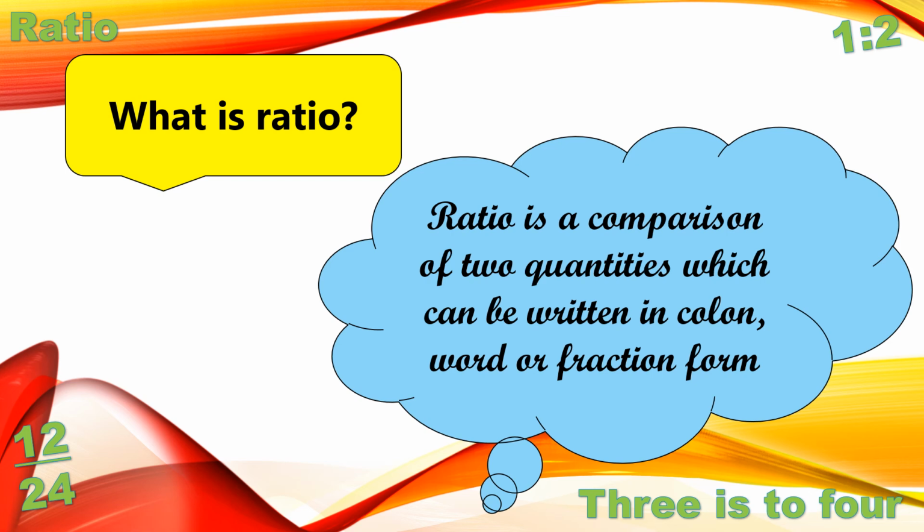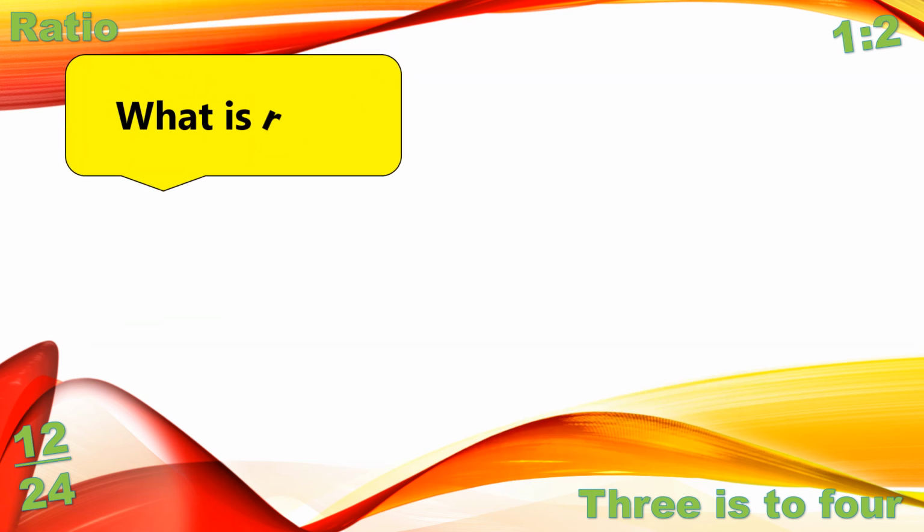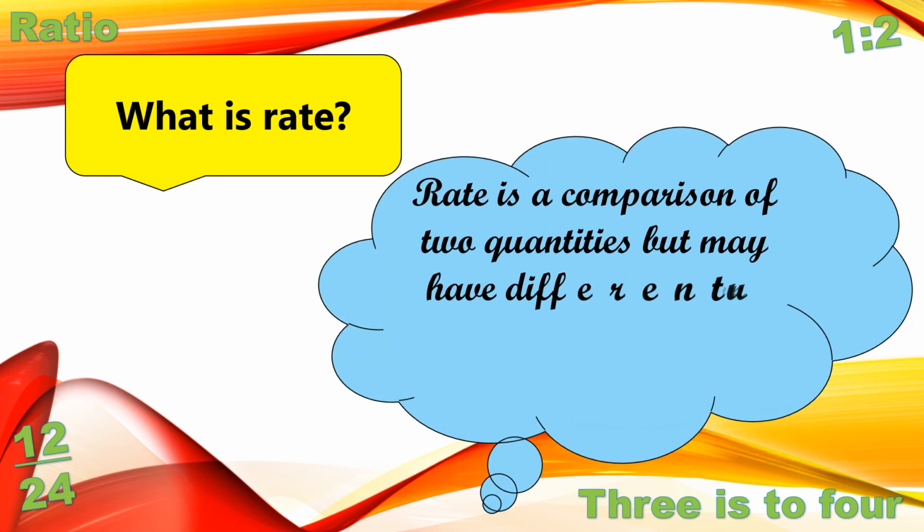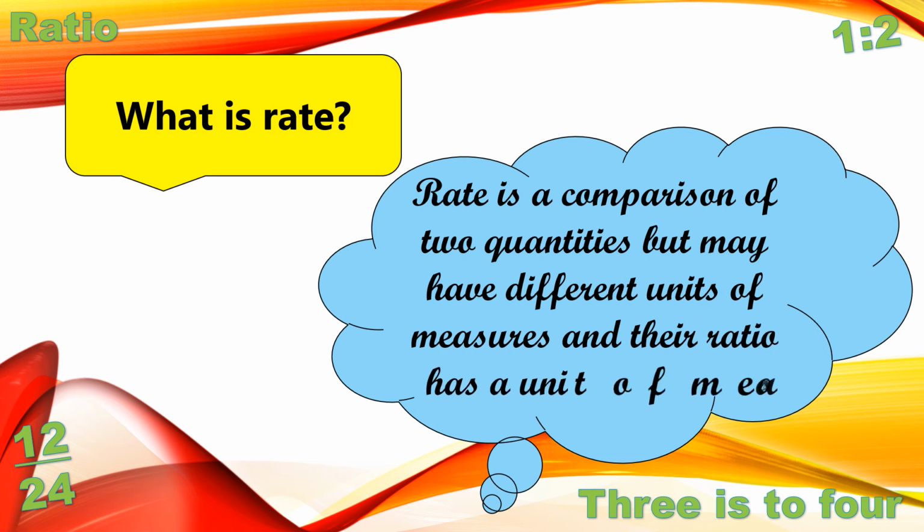Tandaan, ang ratio ay comparison ng two quantities. Next, what is rate? So rate is a comparison of two quantities but may have different units of measure, and their ratio has a unit of measure.